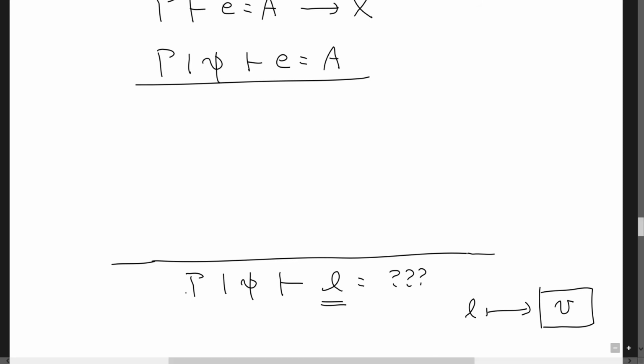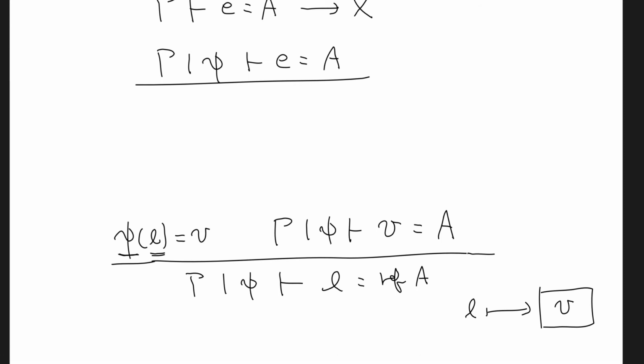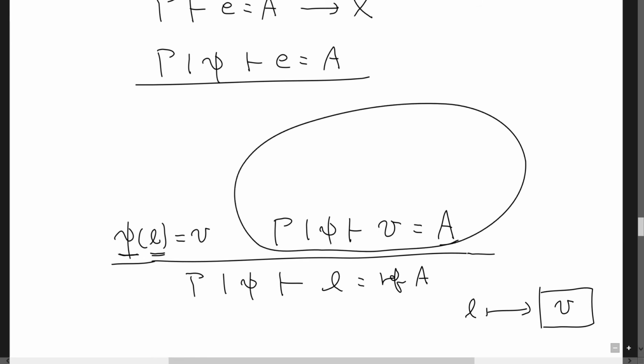So to decide the type of the location L, we check the value under this store psi. Let's say psi is mapping location L to value V. Then the idea is, why don't we decide the type of value V? If this has type A, then we could assign ref A to this location L. So everything looks fine, except that we may never be able to complete the construction of this typing derivation.